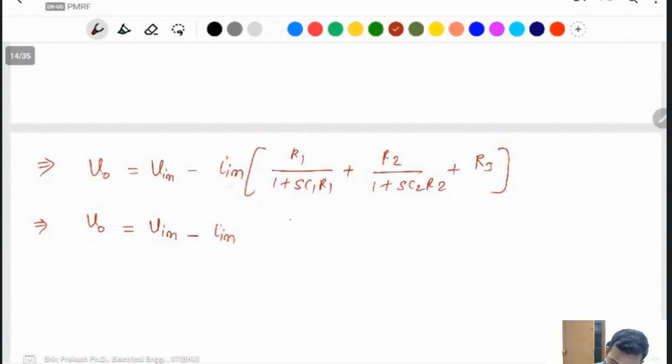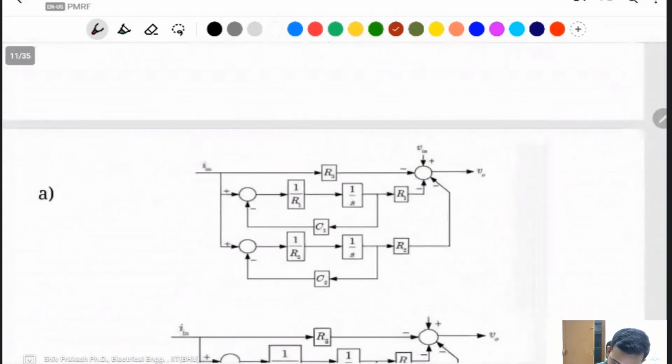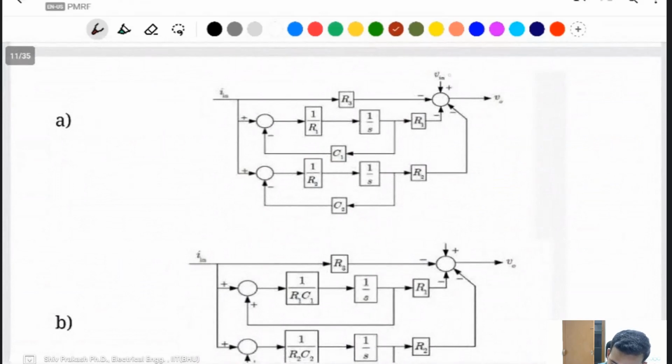So V in minus I input, this current is positive. In this condition you can say V in, this one V output, all of the input current multiplied by I input into R3. V in comes here positive and this one is negative output. Then how will the output be? You can say V in is positive plus V in negative minus I in into R3.